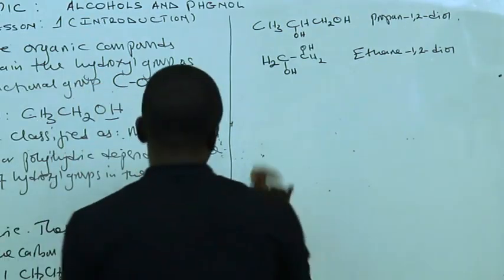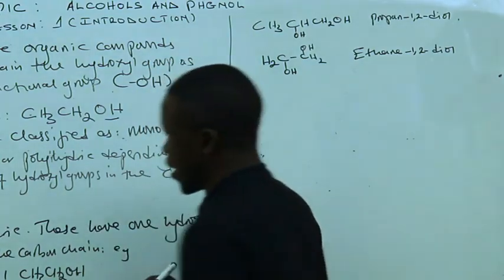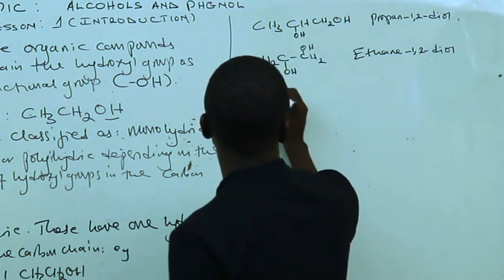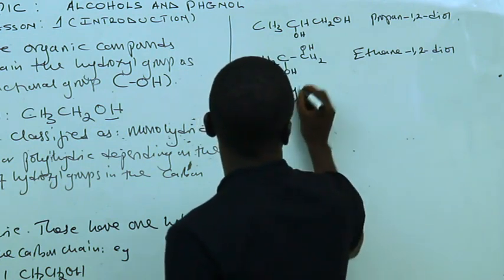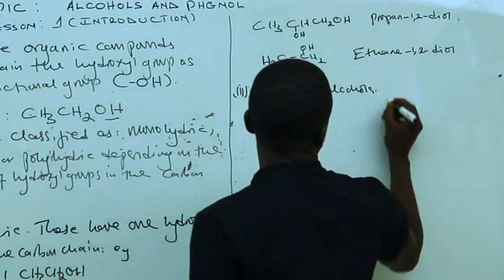And then we have the third category. These are called polyhydric alcohols.